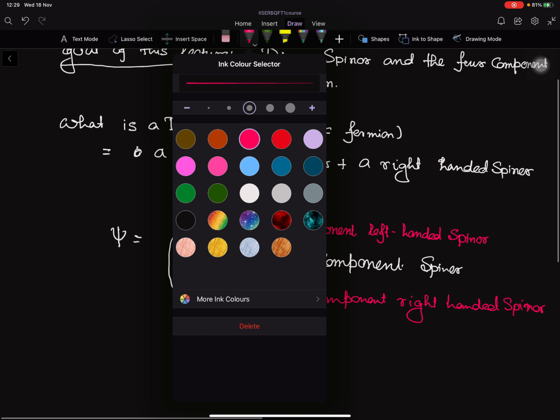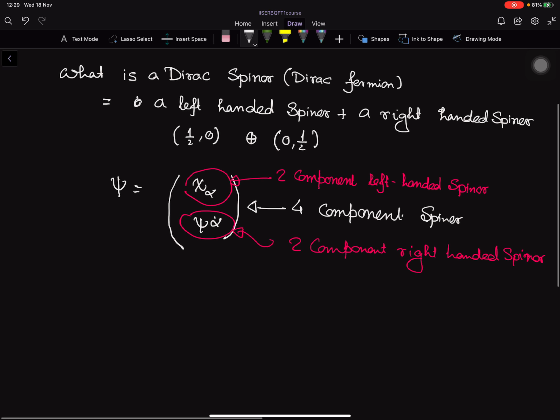Okay, so then with this, there is also something called gamma matrices.